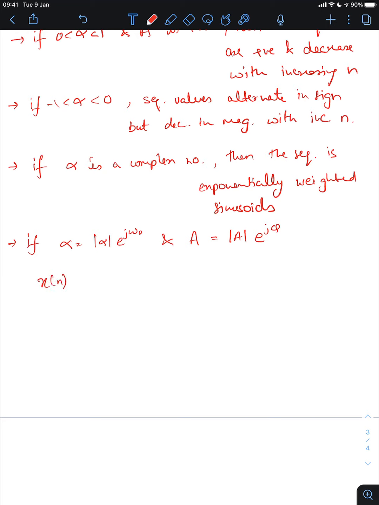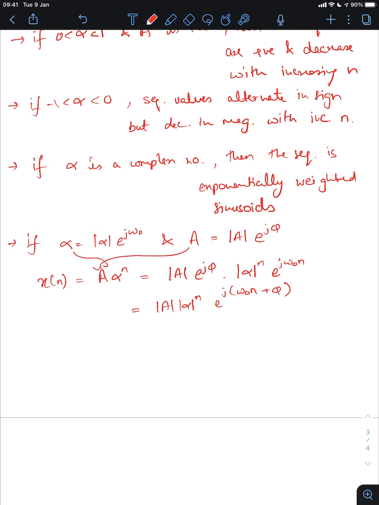Okay, so let's see the signal we have initially, a alpha to the power n. Substituting alpha and a here, we get mod a e to the power j phi times mod alpha to the power n e to the power j omega naught n, which can be further simplified to mod a times mod alpha to the power n e to the power j (omega naught n plus phi).